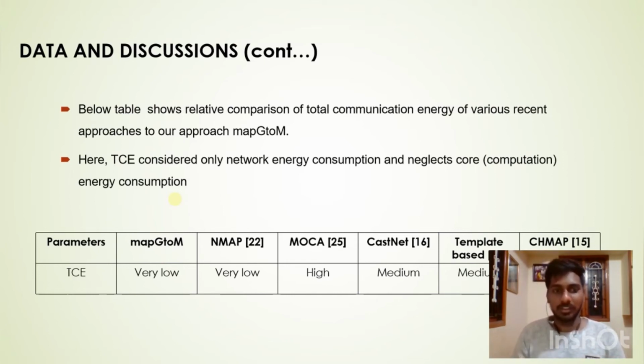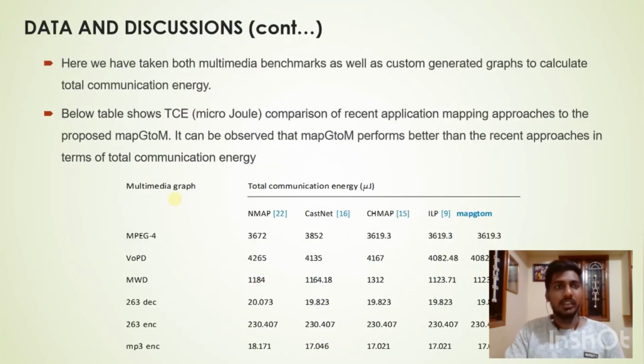As I first told, nmap is somewhat similar to map G2M because of this only, but map G2M has somewhat better quality than nmap, because map G2M has a lower CPU execution time than nmap. Nmap has a higher CPU execution time, but it consumes a lower TCE, total communication energy.